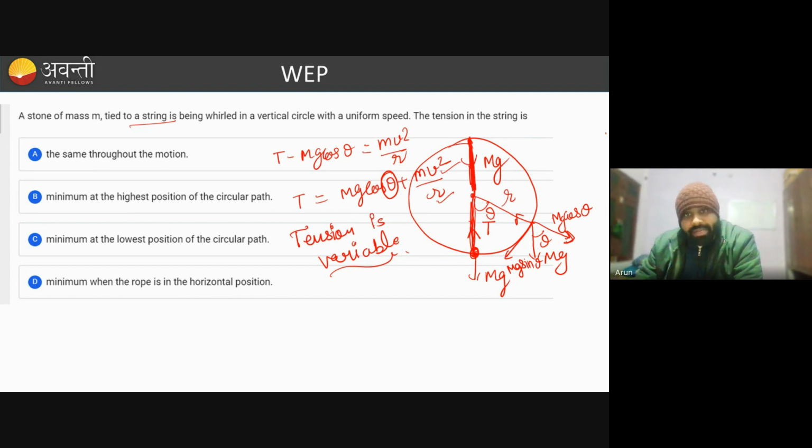So at the maximum height, this force mg tries to compress it or pull it back. So here the chances are that tension can be 0. So the tension will be minimum at the highest position of the circular path. It can be 0. I'm not saying that it is exactly 0, but it is minimum at the highest position of the circular path.